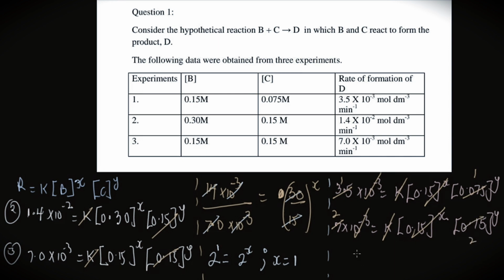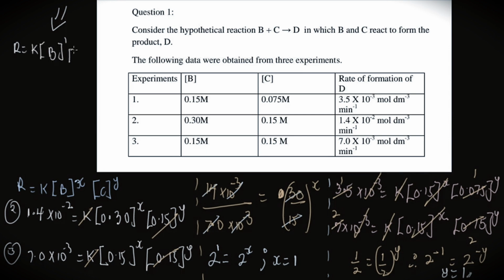So we are left with 1 over 2 equals 1 over 2, everything raised to power Y. So we have that 2 raised to power minus 1 equals 2 raised to power minus Y. When you evaluate the power, we have that Y equals 1. So we can therefore write the rate law as rate equals K[B] raised to power 1 and [C] raised to power 1.